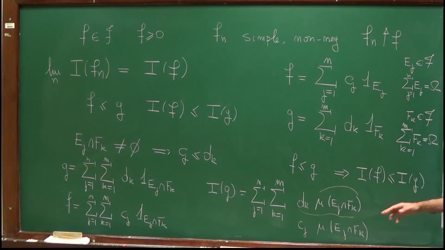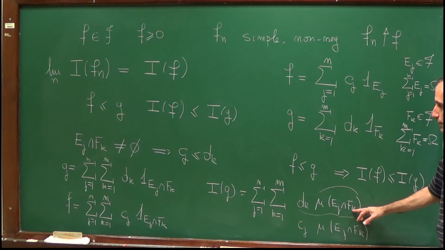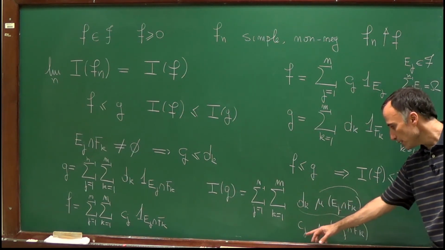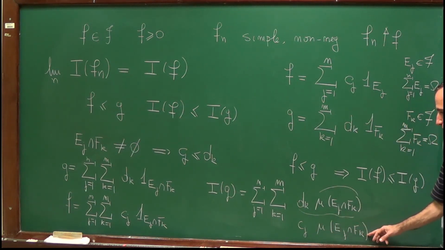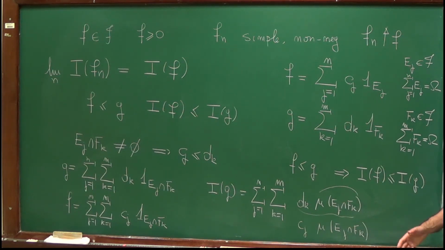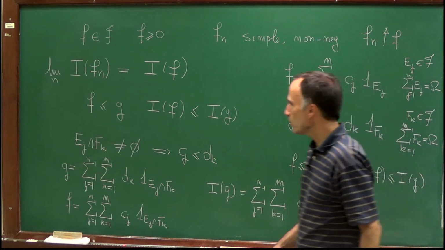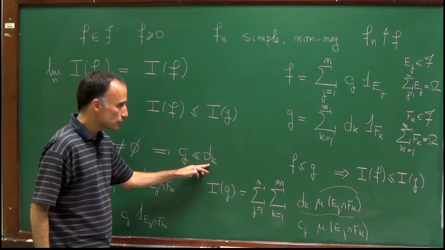Why? Well, either Ej intersection Fk is an empty set. If it is an empty set, mu of an empty set is 0, so dk times 0 is 0, and for similar reasons cj times mu of this set is equal to 0, therefore these two expressions are equal. On the other hand, if Ej intersection Fk is not empty, we have seen that cj is less than or equal to dk.